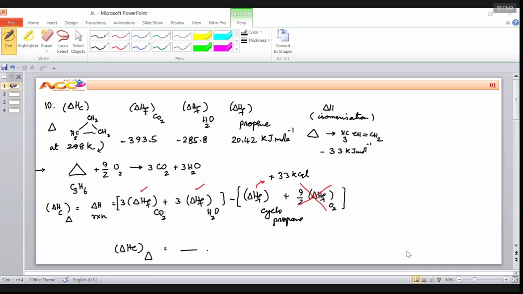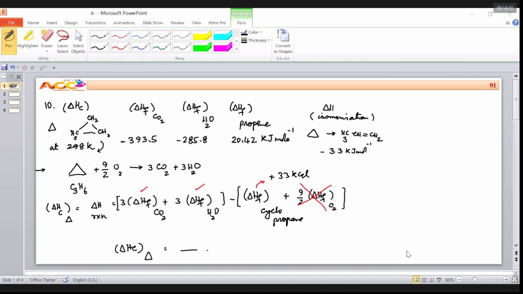This fellow is saying 2091. Where is the difference of 20 coming from? -2091.32 kilojoules, it is saying 91. Did I make a mistake?